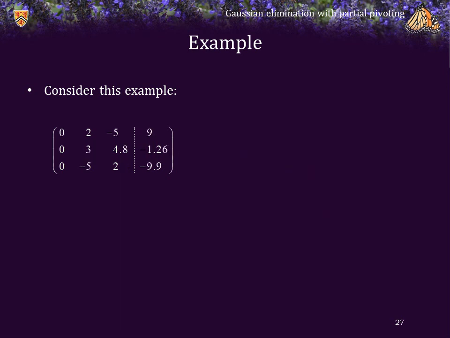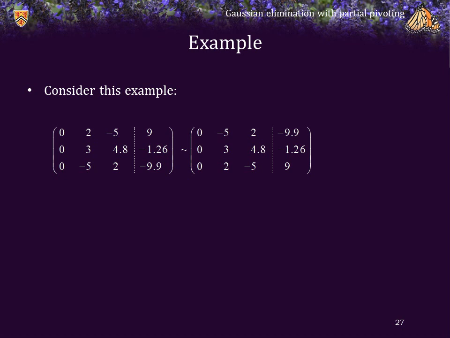Consider this example here. Now, here the first column is already all zeros, so we immediately move to the second column. So we look at all leading non-zero entries in column 2, and the largest in magnitude is in row 3. So we swap rows 1 and 3 to put the largest in magnitude entry in row 1.